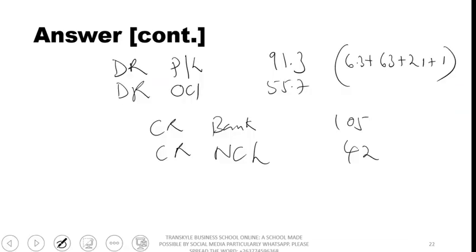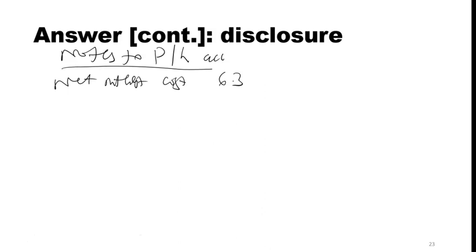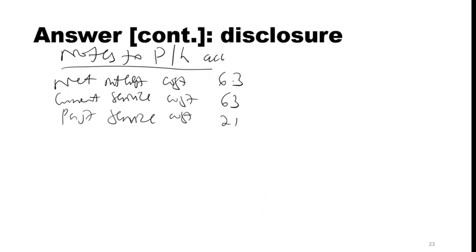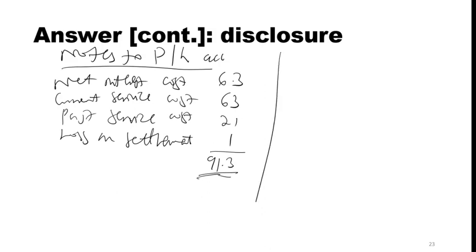And then the current service cost was 63, and then past service cost 21, and then the loss on settlement was 1. If you add them up, you get a total of 91.3, which is to be expensed to the statement of profit or loss.